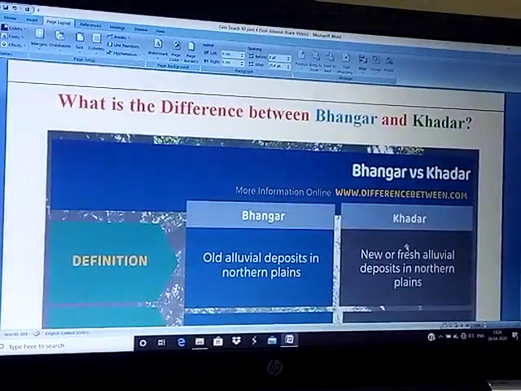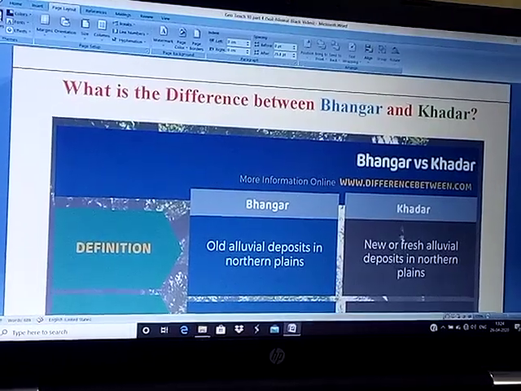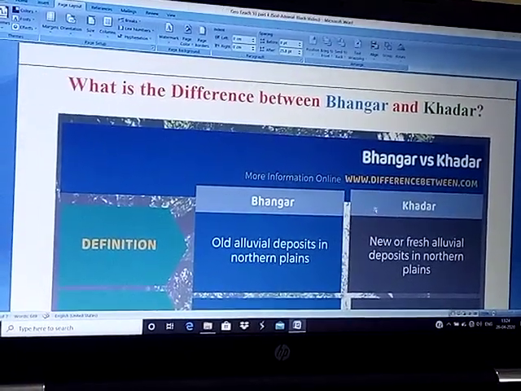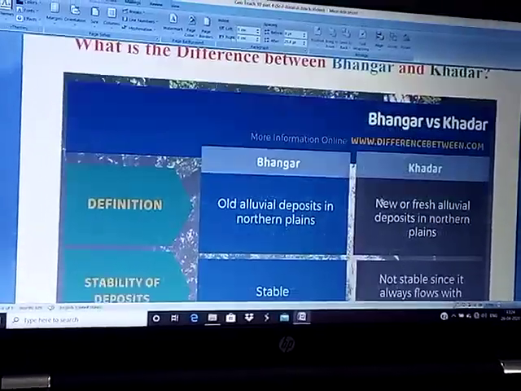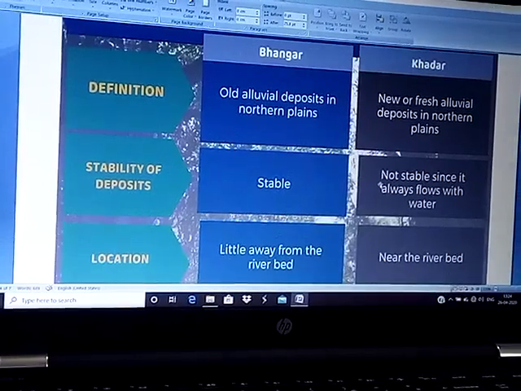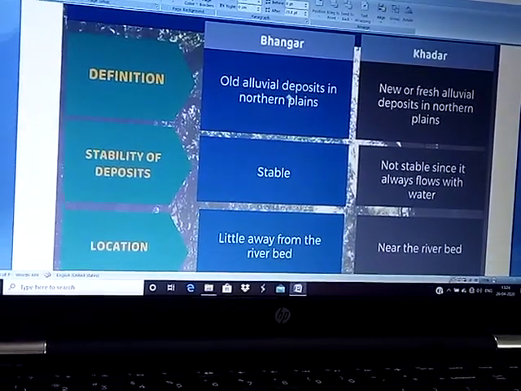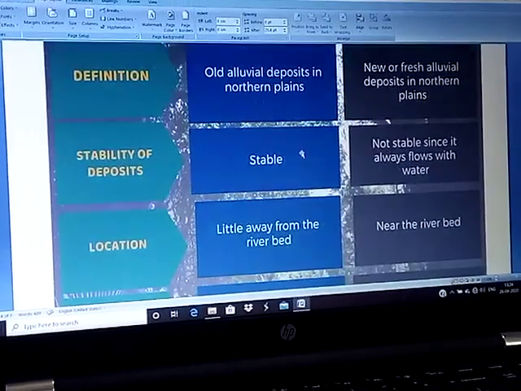Now there is a difference between Bhangar and Khadar. This chart I'll be putting into your assignment PDF so that you can also understand and clearly study. Now Bhangar and Khadar definition. Bhangar is old alluvial deposits, whereas Khadar is new or fresh alluvial deposits.